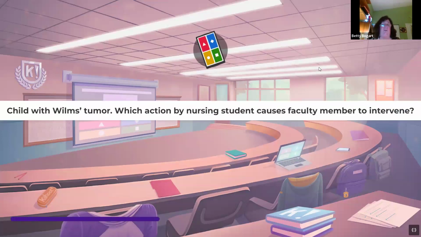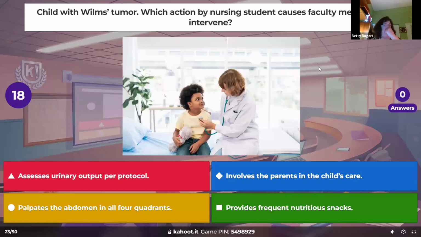Child with Wilms tumor, which action by a nursing student causes the faculty member to intervene? What are you doing in there?